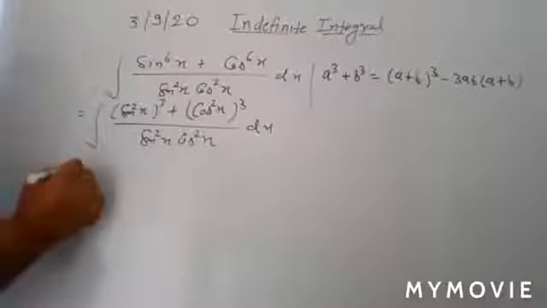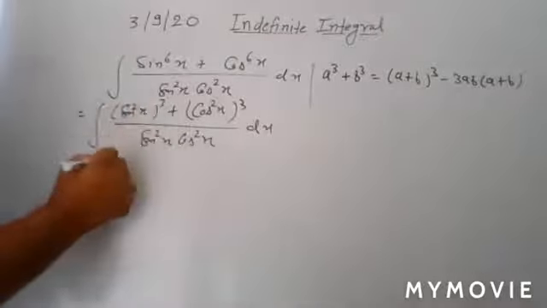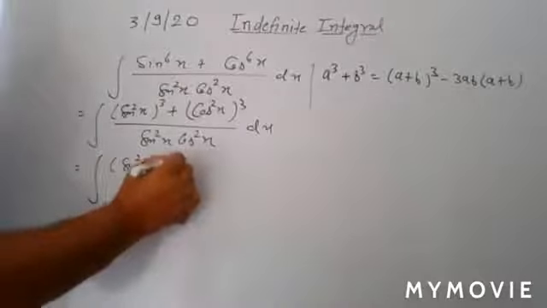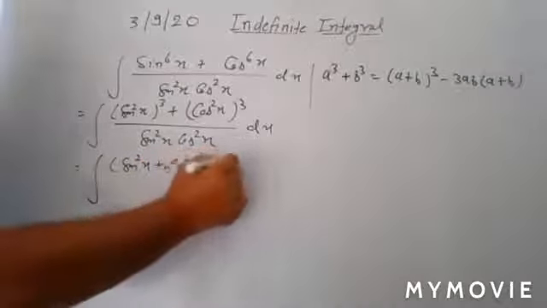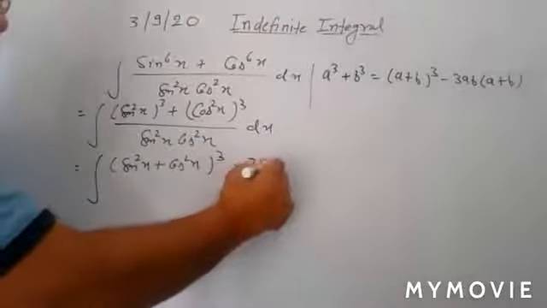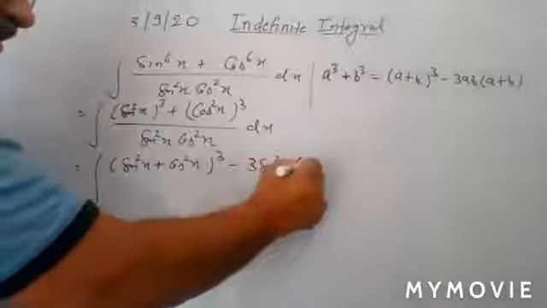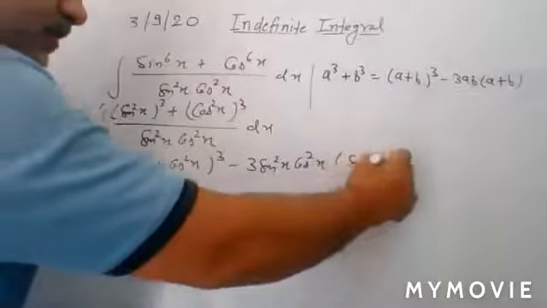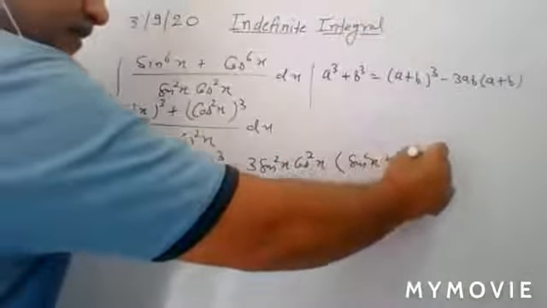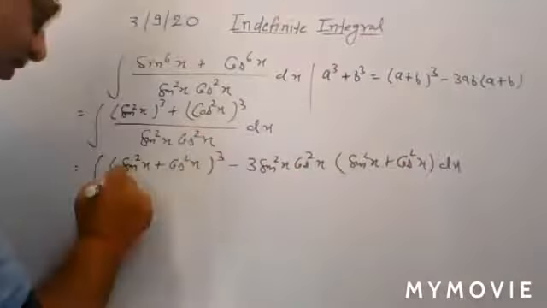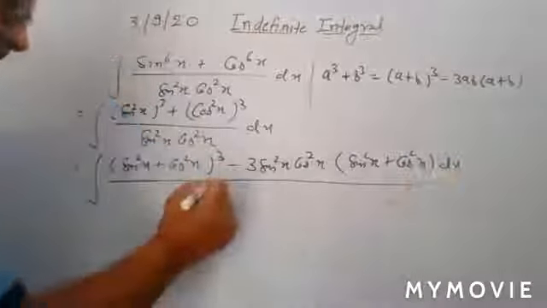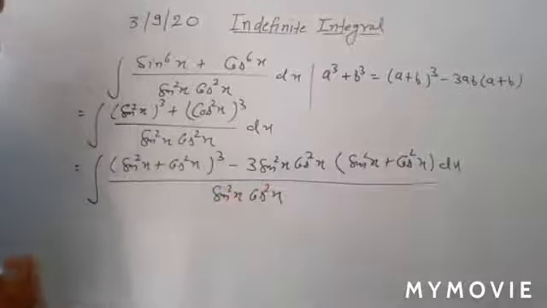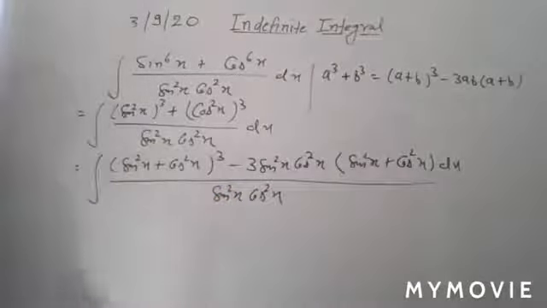And just applying the identity, you have sine square x plus cos square x whole cube minus 3 sine square x cos square x into sine square x plus cos square x, dx, whole divided by sine square x into cos square x. So that was asked in 2014.